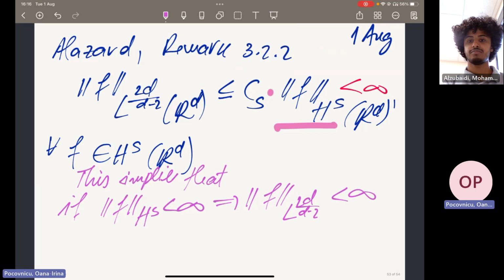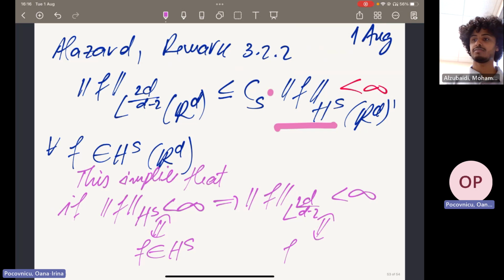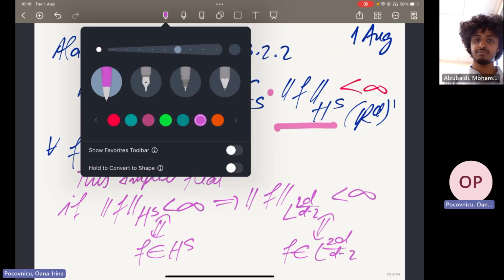Okay, but what does it mean for this H^s norm to be finite? This means the same thing as f belonging to H^s. And for the L^(2D/(D-2)) norm being finite, this means f belongs to L^(2D/(D-2)).